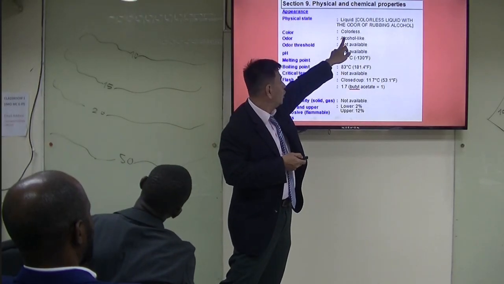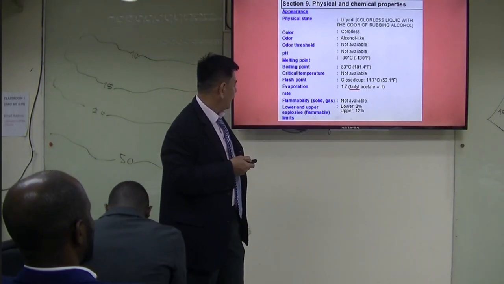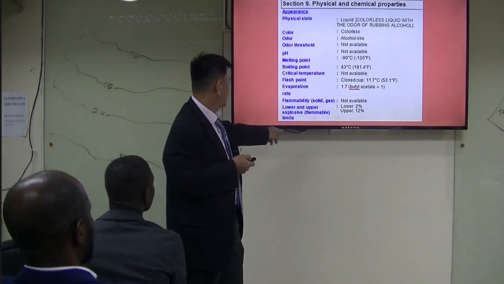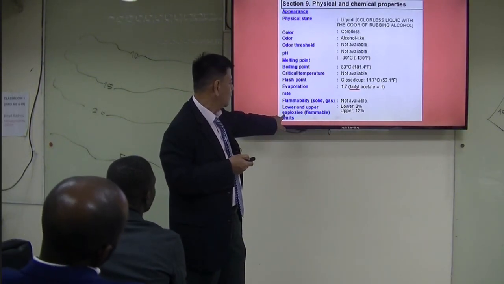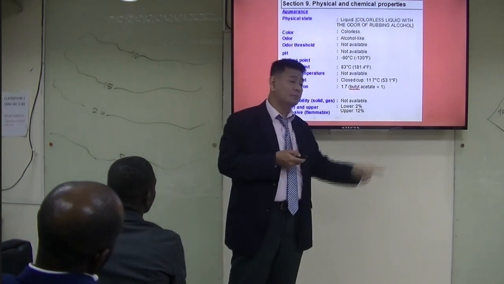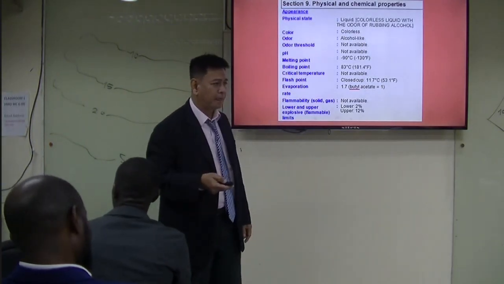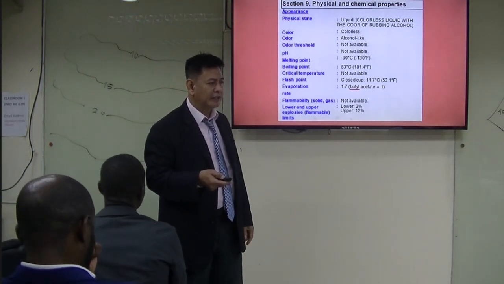It is odorless, okay? And flammability, that is more important. It is flammable, with a closed cup flash point of 11.7, which immediately points to the danger of the hazard.